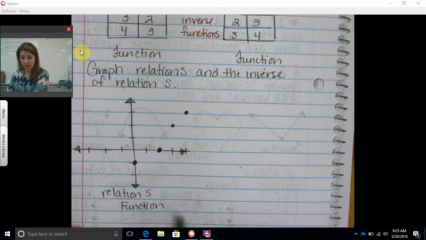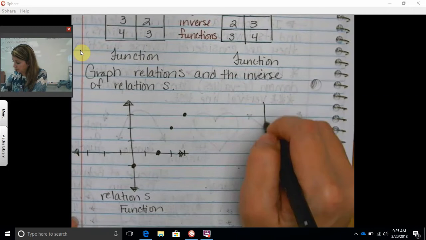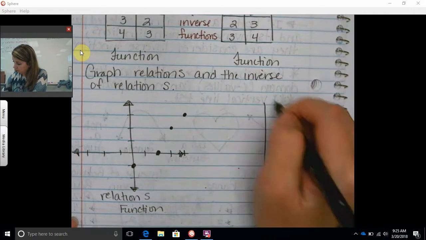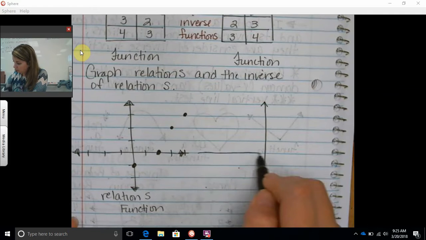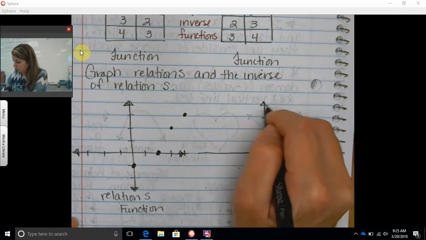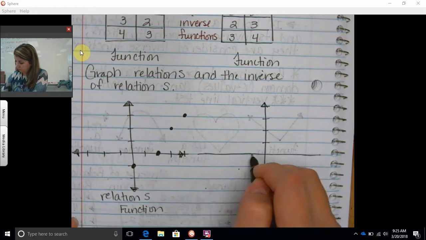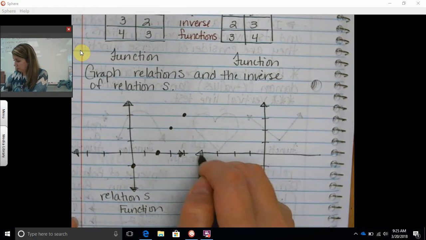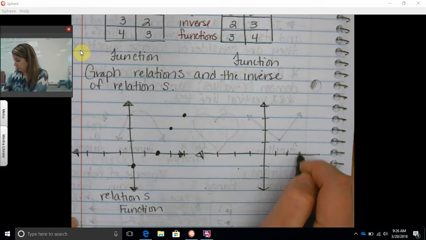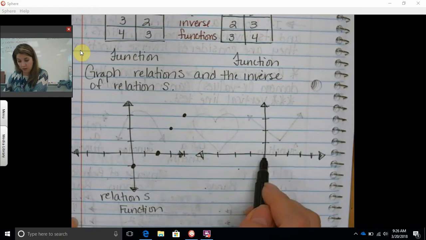And then I'm going to graph the inverse of relation S. So when x is -1, y is 0.